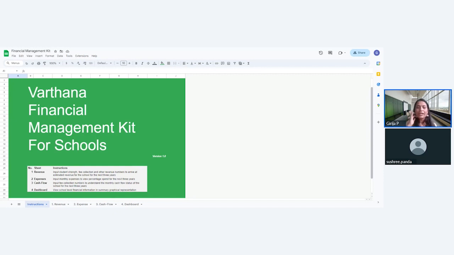The expenses sheet will give you a clue of the monthly expenses and help you view the spending percent on every item for the next 3 years.